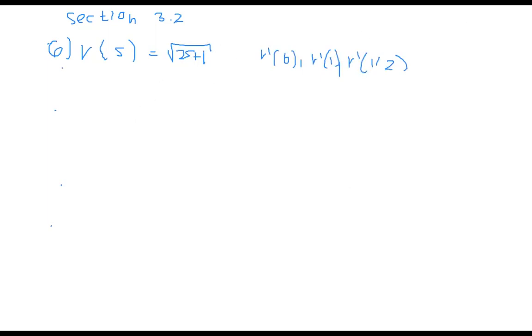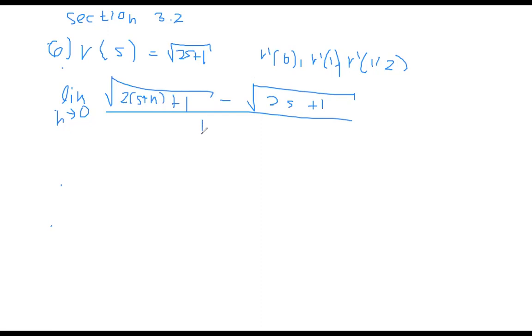Okay. All right. So we're going to find the limit of this derivative. We're just going to use the formula that she put. So it's the limit as h approaches 0. You take the function r of s and wherever you see s, you put s plus h. So it's going to be root 2 times s plus h plus 1, minus the function itself, r of s, which is root 2s plus 1, all over h.